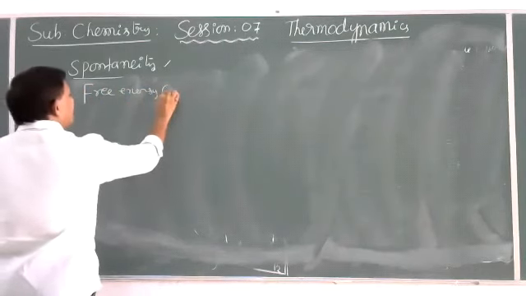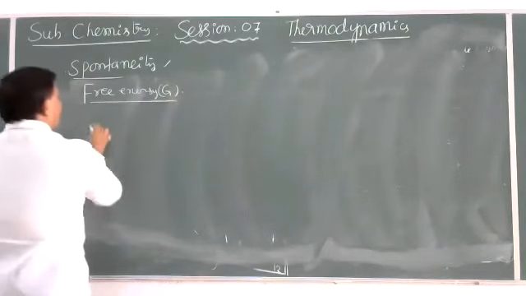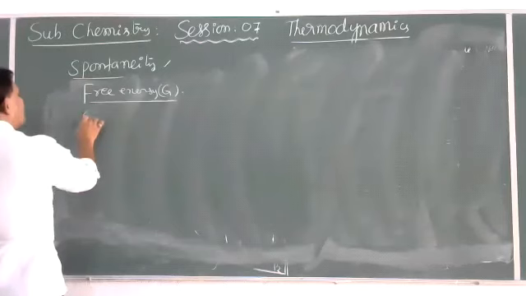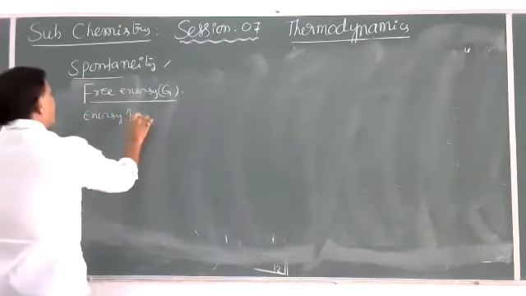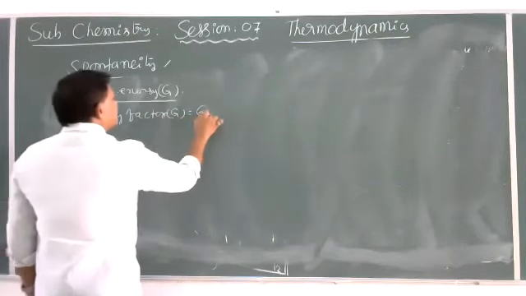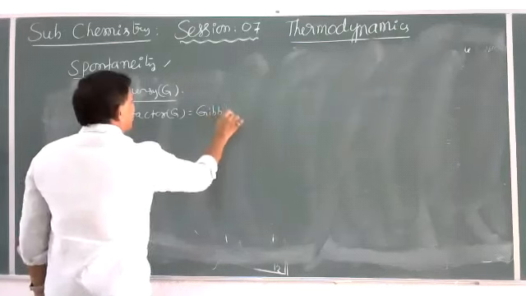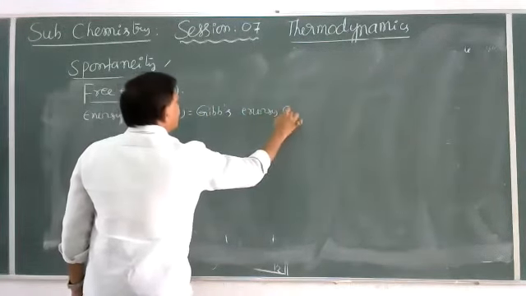Free energy is denoted by G, and this is the energy factor. It was introduced by the scientist Gibbs. That's why this is called Gibbs energy, denoted by the symbol G.